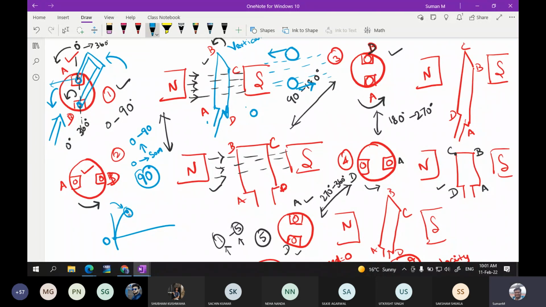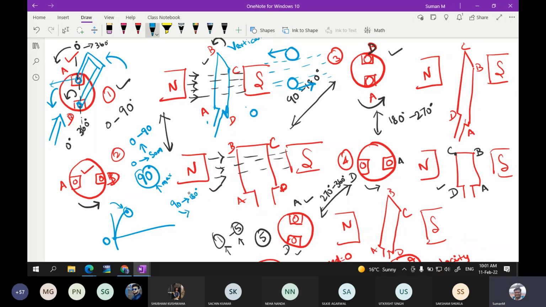Then from 90 to 180 degrees, at 90 degrees we get the maximum EMF induced, whereas when it is moving from 90 to 180, we get a reduction in EMF induced.